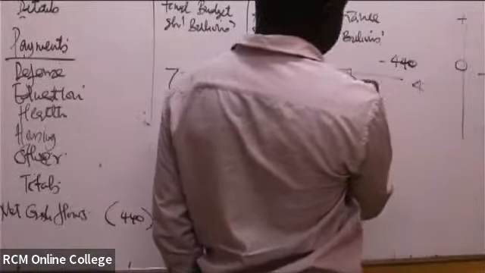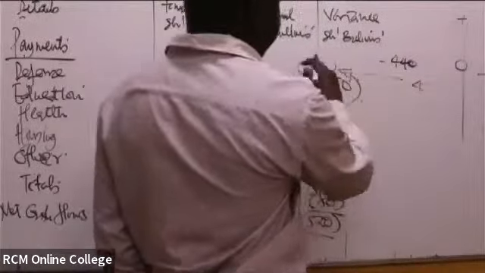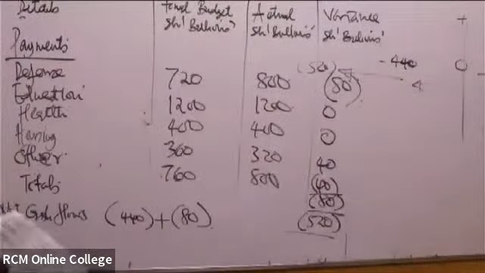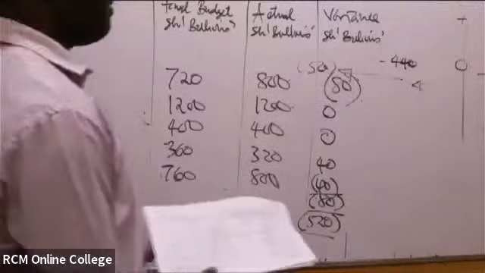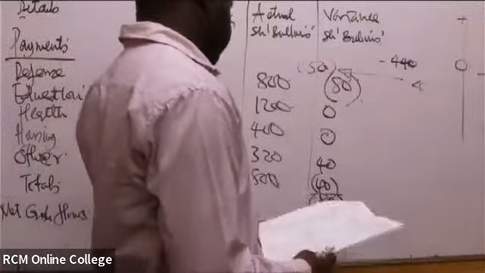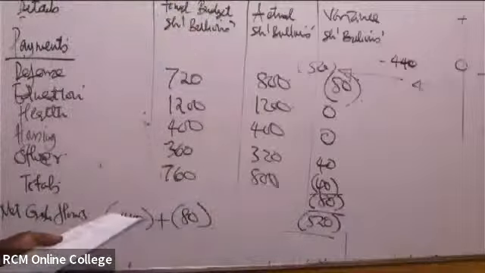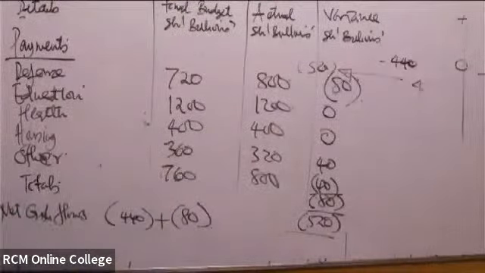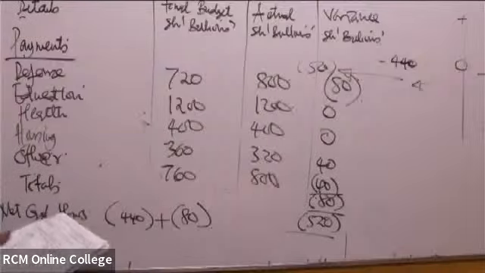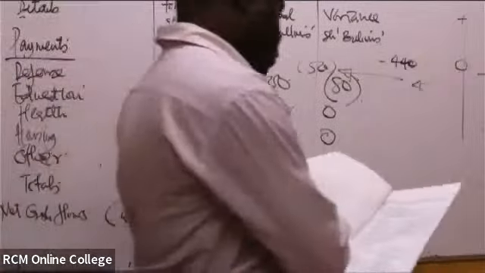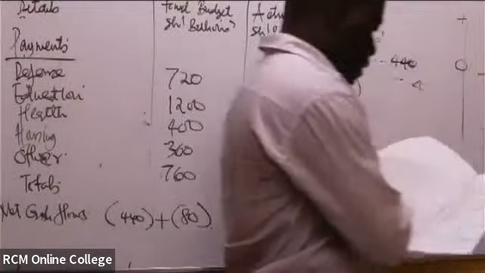If you continue deducting, it will be negative 520. So that is how you'll come up with the comparison between the budgeted and the actual.